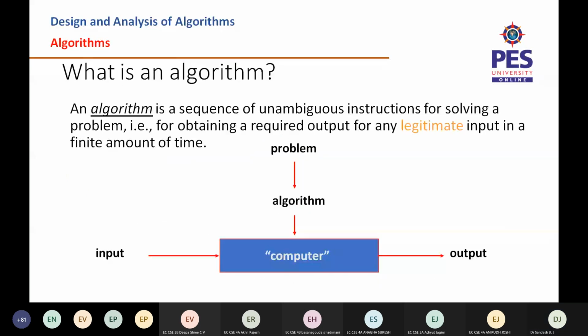So then what is an algorithm? An algorithm is a sequence of unambiguous instructions for solving a problem, that is, for obtaining a required output for a legitimate input in a finite amount of time.